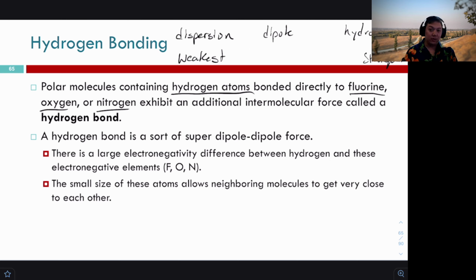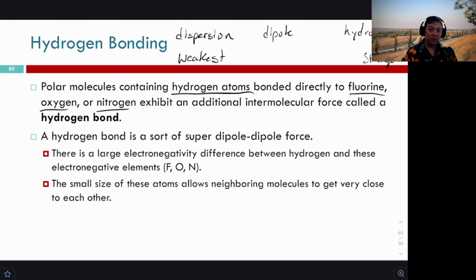So our hydrogen bond is a sort of super dipole force. This happens because there's a large electronegativity difference between hydrogen and these three electronegative elements in particular.